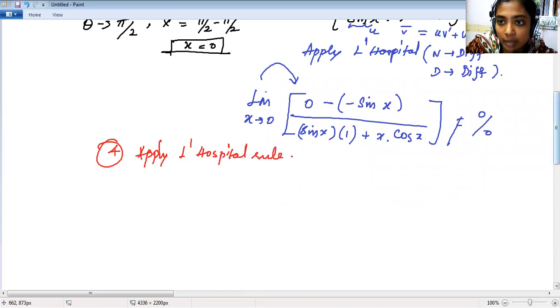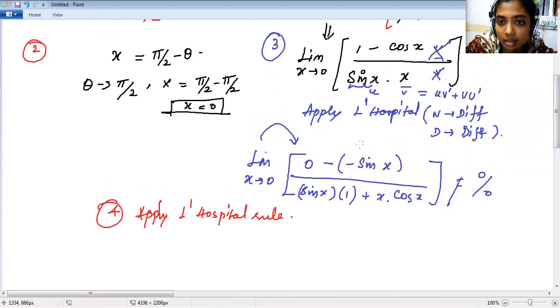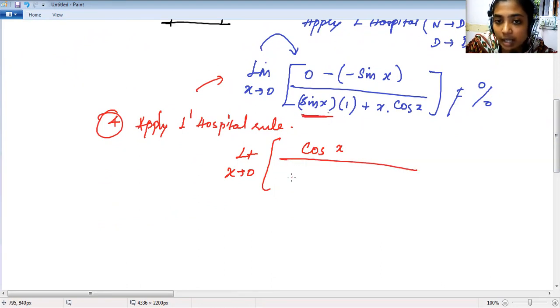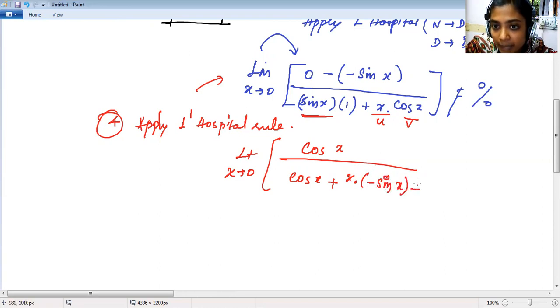So differentiating sin x you get cos x, divided by, when you differentiate, again in the u v method, plus: keep u as it is, cos x, differentiate it to get minus sin x, plus keep cos x as it is and differentiate x. So you will be getting this.